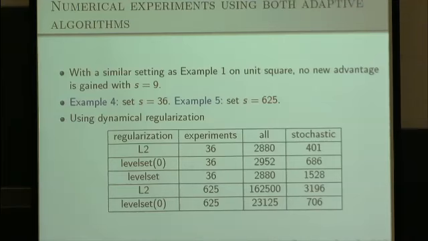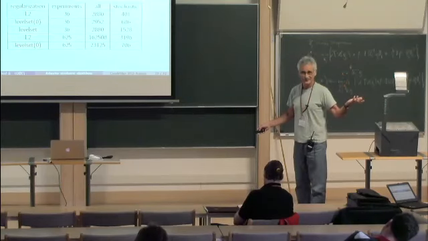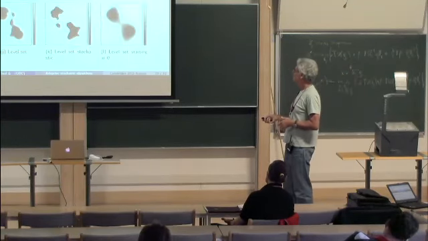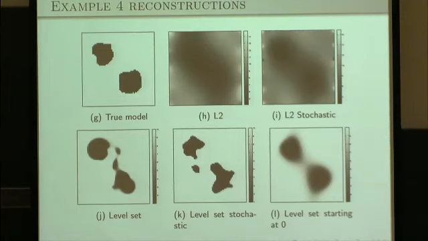So of course now the question is, we started with s equal 9 being not enough. Well, maybe this one is already embarrassingly redundant in a sense. So let's see what kind of quality results we get from this. This is the true solution, and here you begin to see something with 36, not much though.